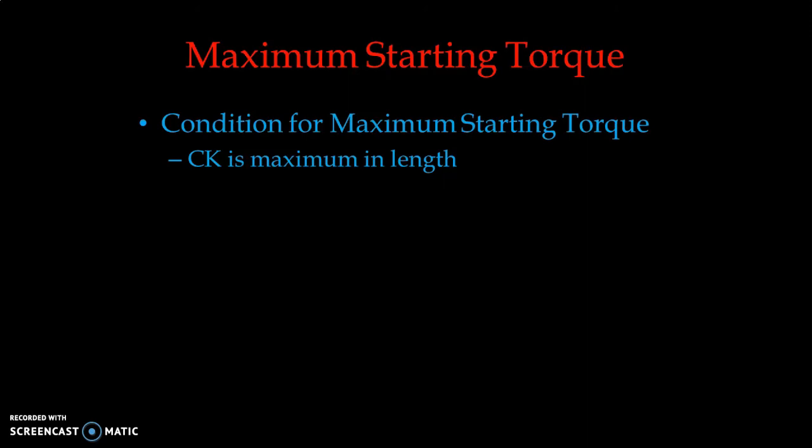Values, number of turns, will give us total leakage reactance and starting resistance. Now the only variable is starting resistance, and by varying the starting resistance of the starting winding, we have overall variable starting resistance of the stator winding.